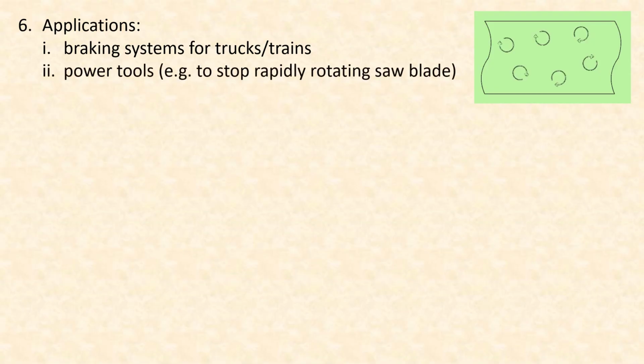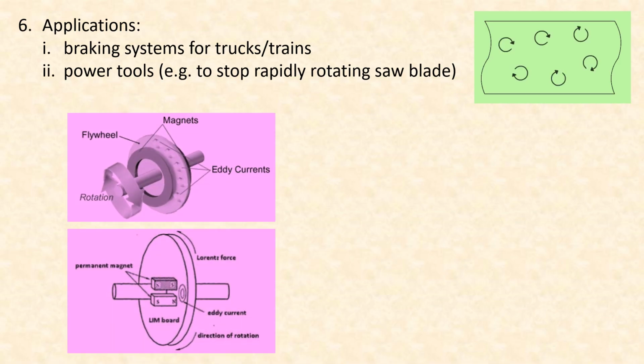For example, in braking systems for trucks and trains and even power tools, we see how the formation of eddy currents can be used to slow down moving objects. Rather than using friction between moving parts that will wear out materials like brake pads and brake drums, magnetic fields can be used that will produce no visible wear.